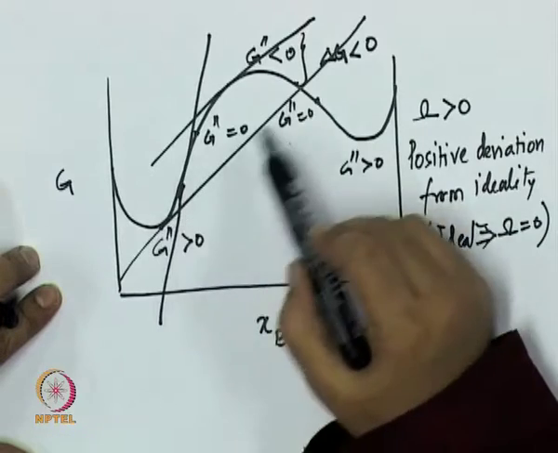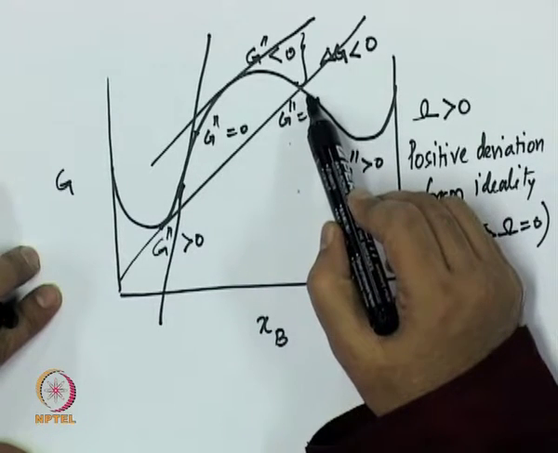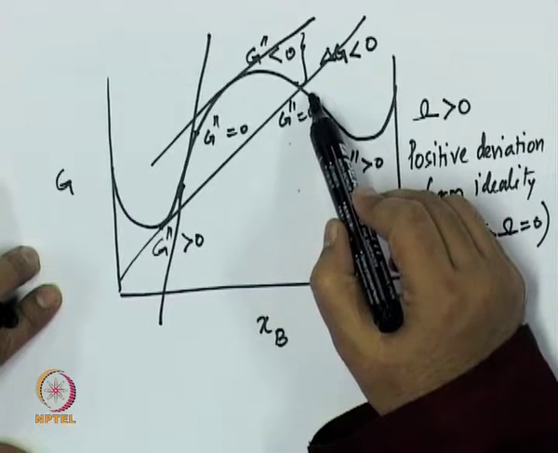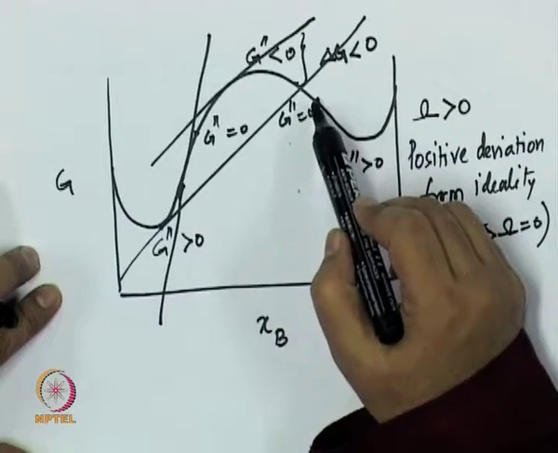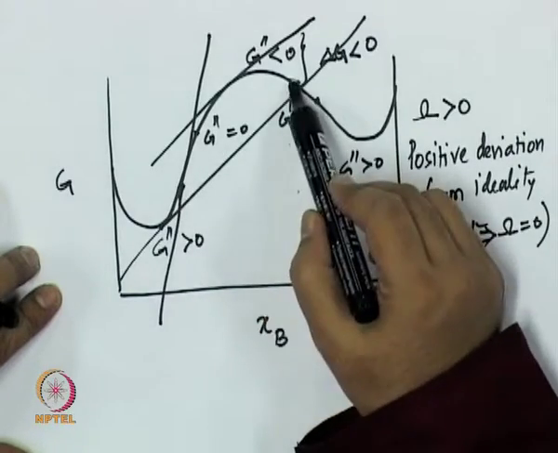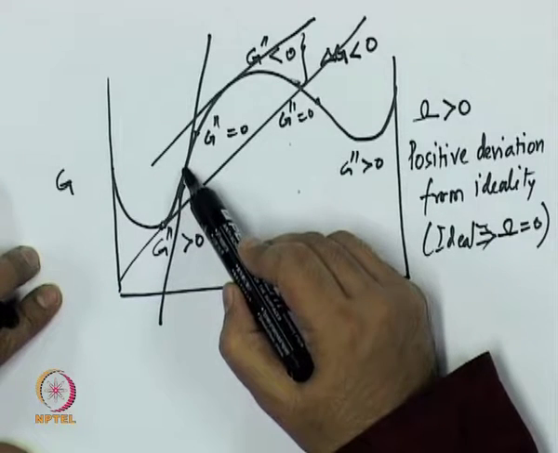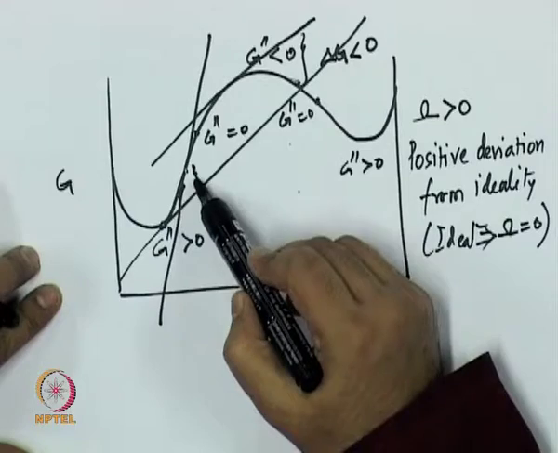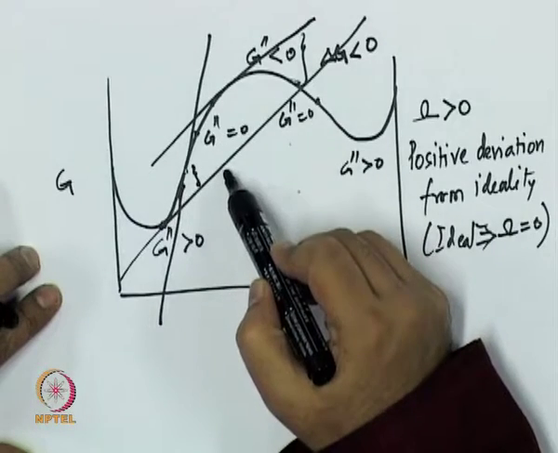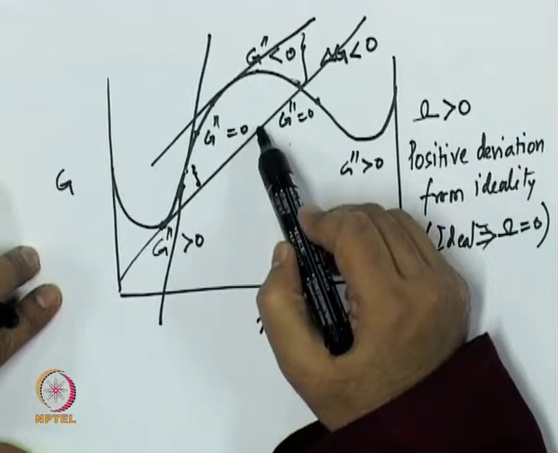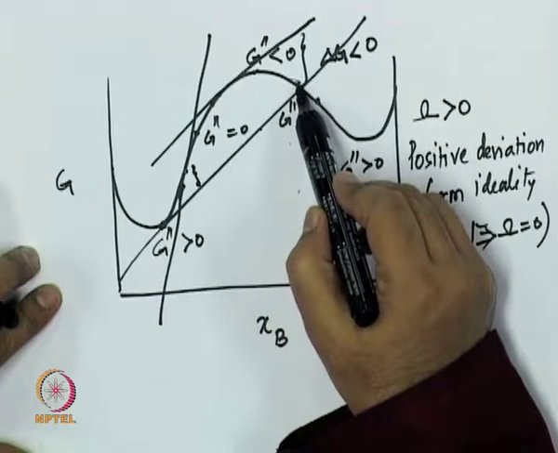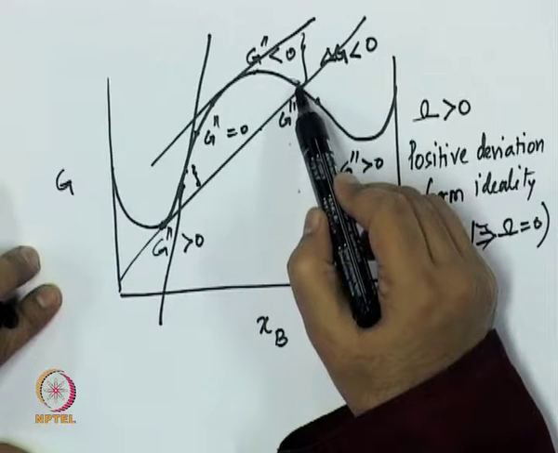Unless this system produces a region of this composition, the free energy change is not going to be negative. So, anywhere here, suppose you are at this composition and you try to produce a composition of this, the free energy change is positive. Composition of this, free energy change is positive. Composition of this, free energy change is positive. Composition of this, free energy change is going to be 0.